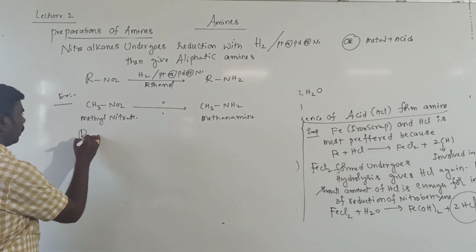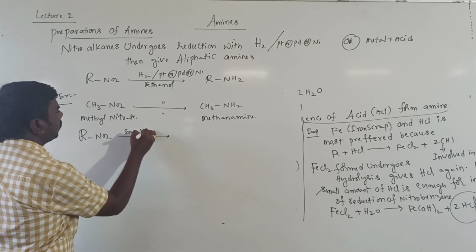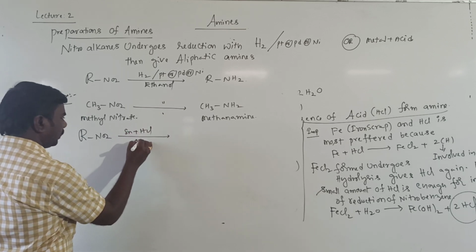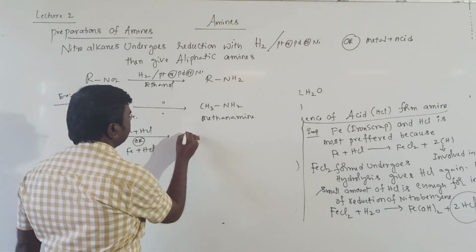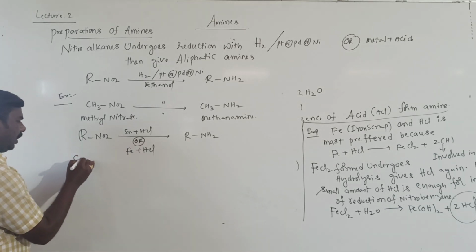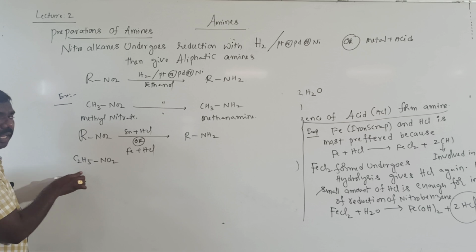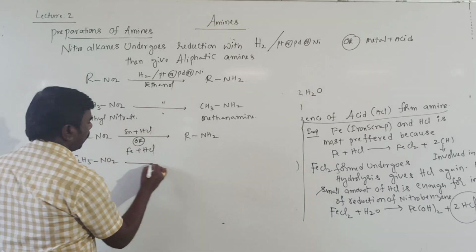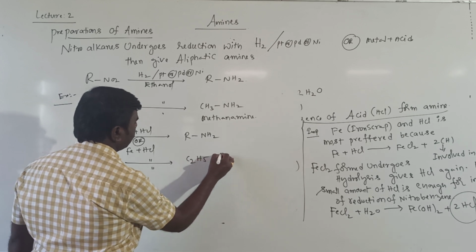Similarly, RNO2 treated with Sn plus HCl, otherwise Fe plus HCl, then gives rise to RNH2. Example, C2H5, I am taking this time. Instead of methyl I can take ethyl also. Then the same reagent I can use, C2H5NH2.